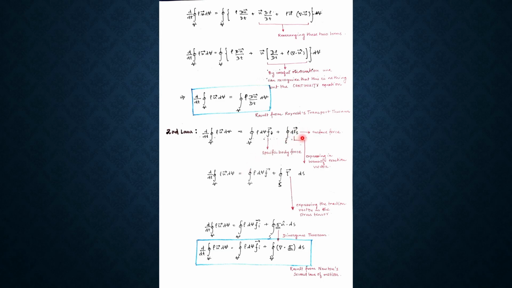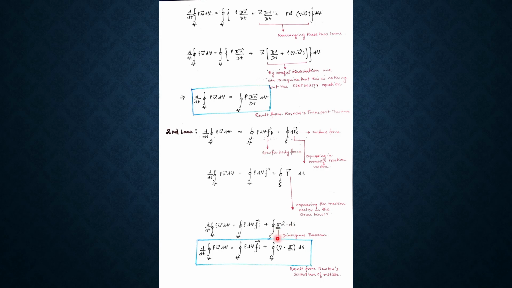And previously I've established that surface force can be expressed as a traction vector multiplied by the corresponding area. And the traction vector can be expressed as the stress tensor, the normal vector, and the surface area.